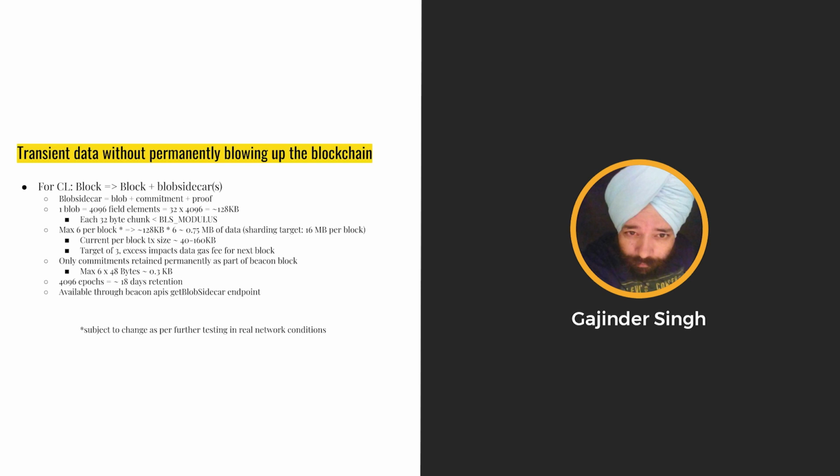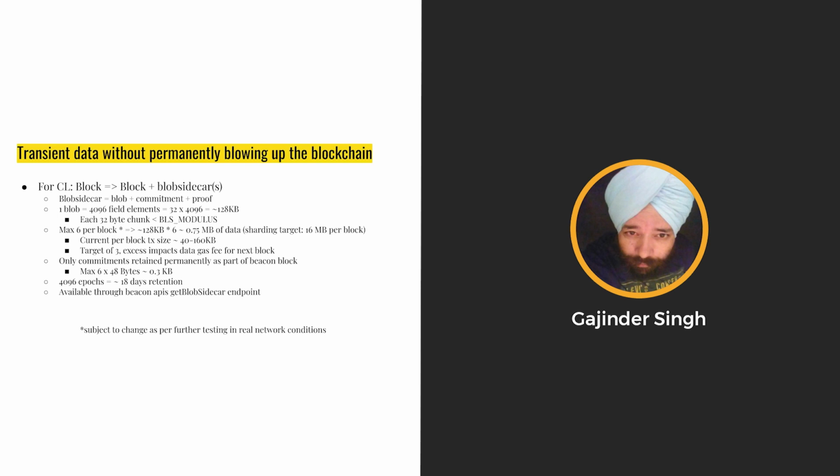So what it really does is that it tracks the excess data gas that has been trickling down from the previous chain, from the parent chain, and then it prices how much fee one would pay to include the blobs. So economically, it's trying to make sure that no more than 3 blobs per block would be included.